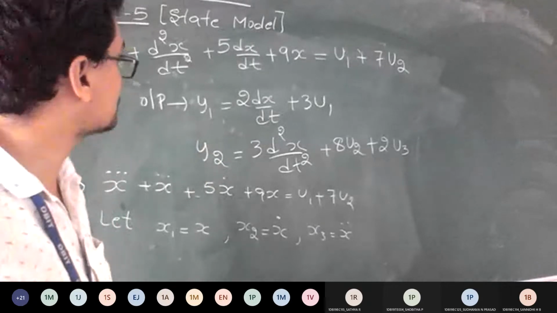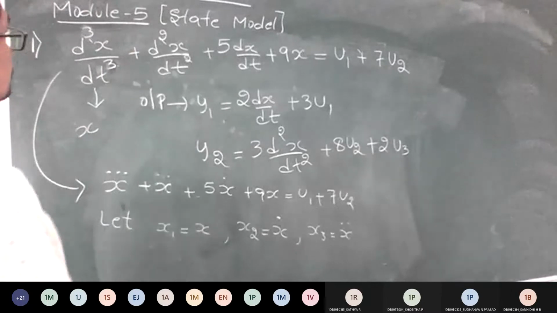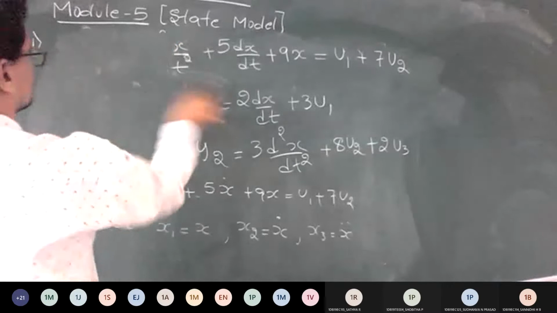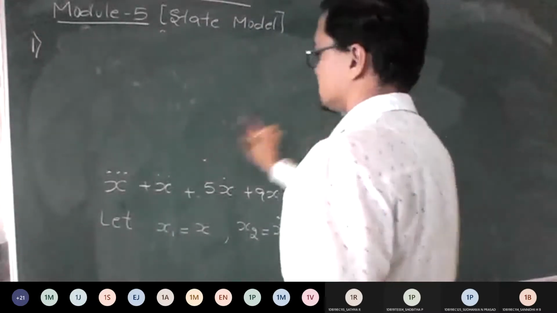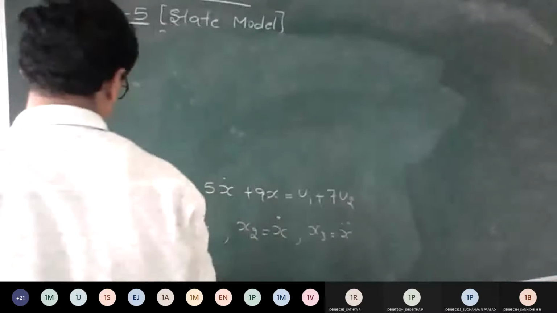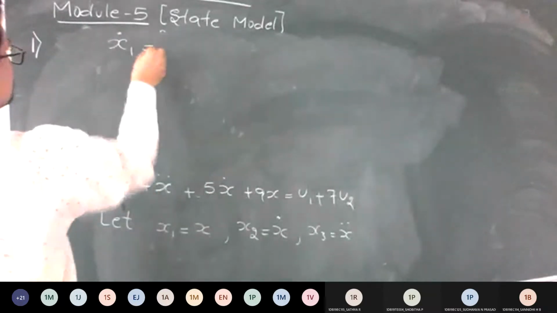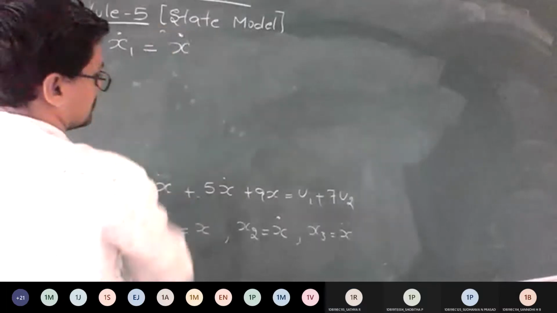So find the coefficients for each and let me know the answer. Solve, everyone. So what is x1 dot? x2, nothing but x dot.